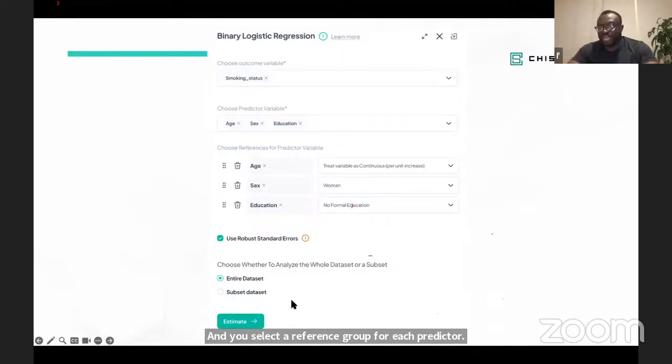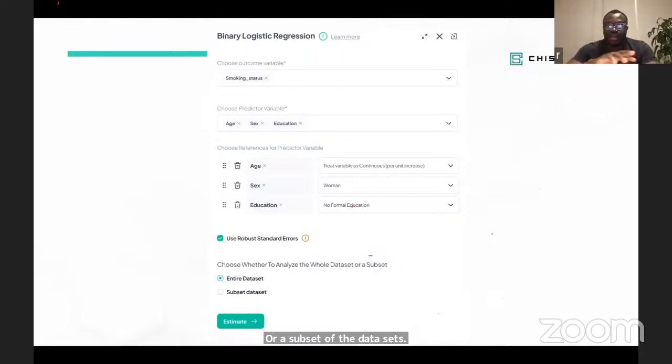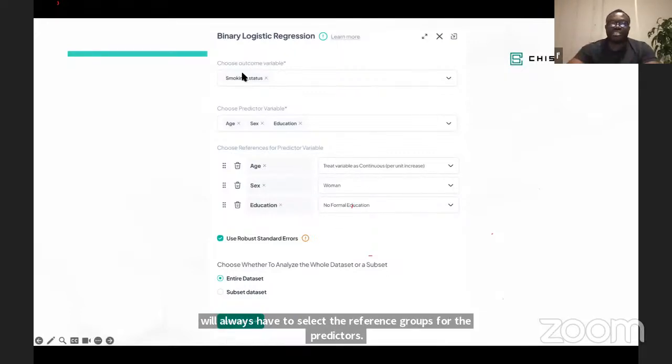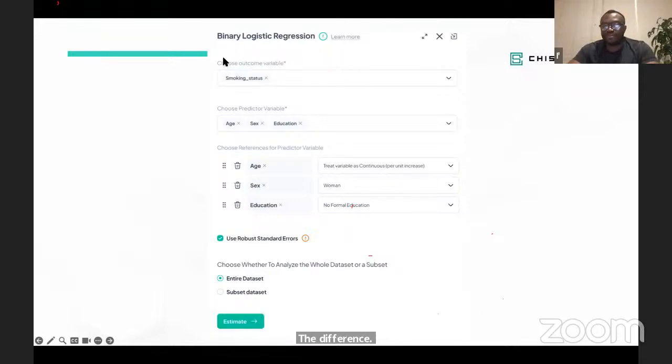And then you do your analysis, whether it is in your entire data set or a subset of the data set. So that is the same thing, right? You will always have to select an outcome, you will always have to select predictors, and you will always have to select the reference groups for the predictors. The difference between the different types of regression is here in the outcome.